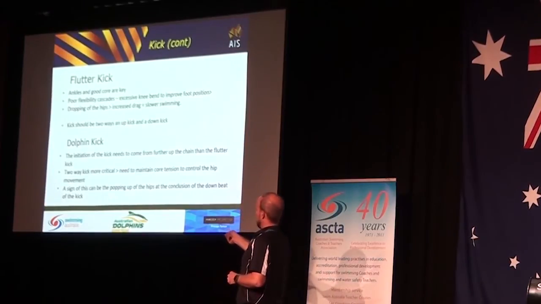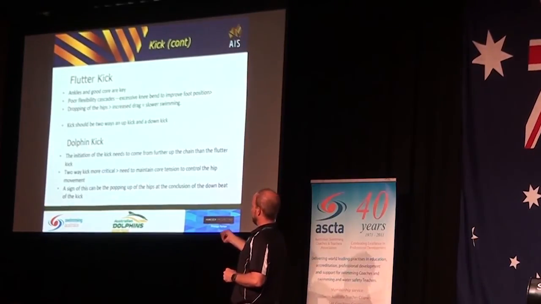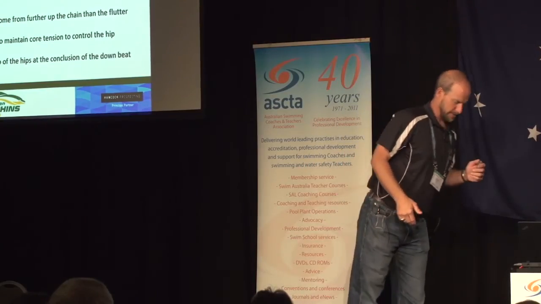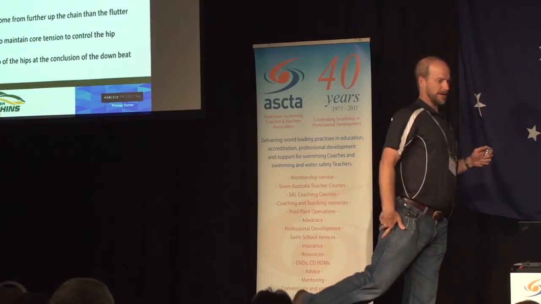So one thing you can look for that they're not being symmetrical is if you watch the kick and at the end of the downbeat, their hips kind of pop up, okay? That's a sign that they're not initiating that upbeat effectively. Because if you do a downbeat, to really get power out of it, you've actually got to start that return to get a whip on the end.